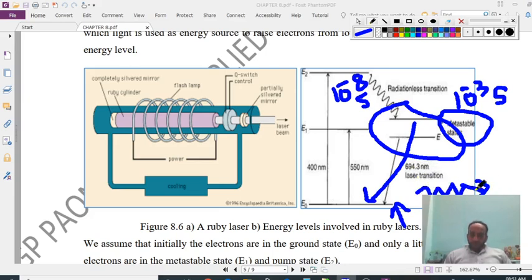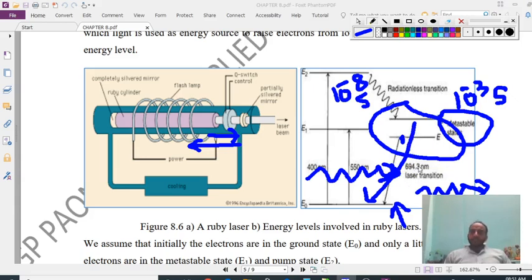Now this released photon goes to the partially silvered mirror and reflects back, and again reflects back. The reflected photon makes atoms in the excited state lower down by stimulated emission.